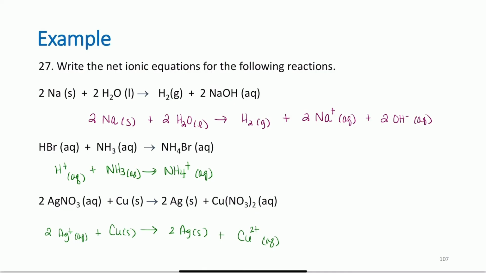Nitrate is my spectator ion. So this one has no spectators. This one, the spectator is bromide ion. And this one, my spectator is nitrate.